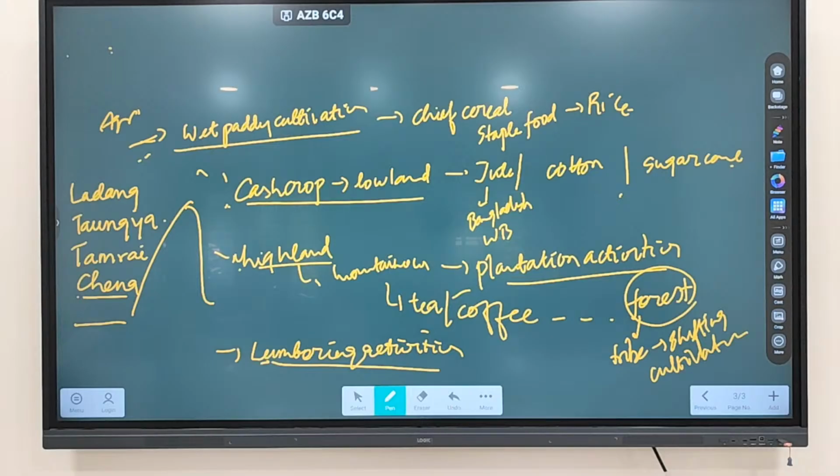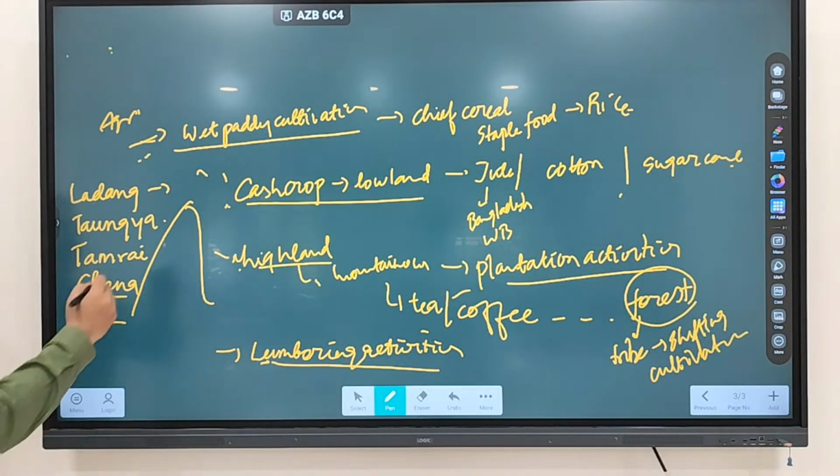Ladakh basically practices shifting cultivation where? In which region? In Malaysia.